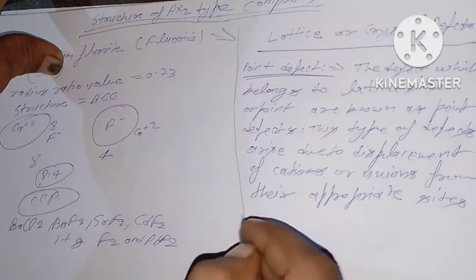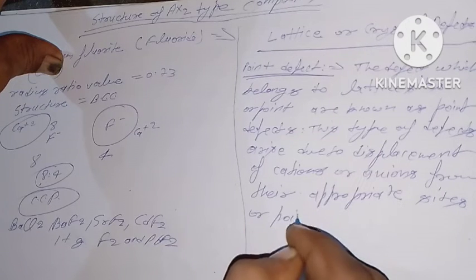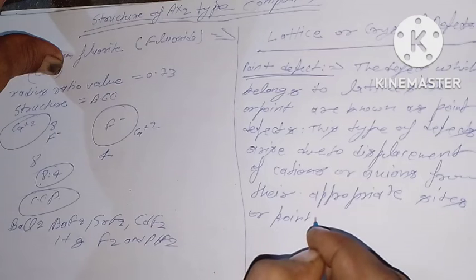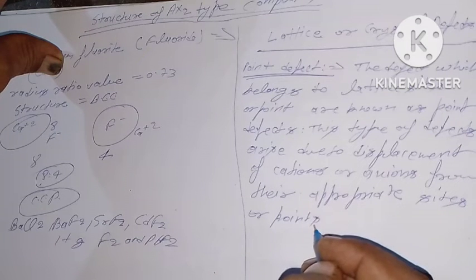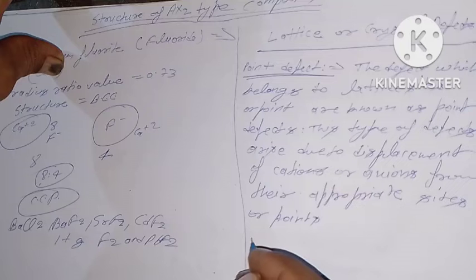Appropriate sites are points. These are of the following types.